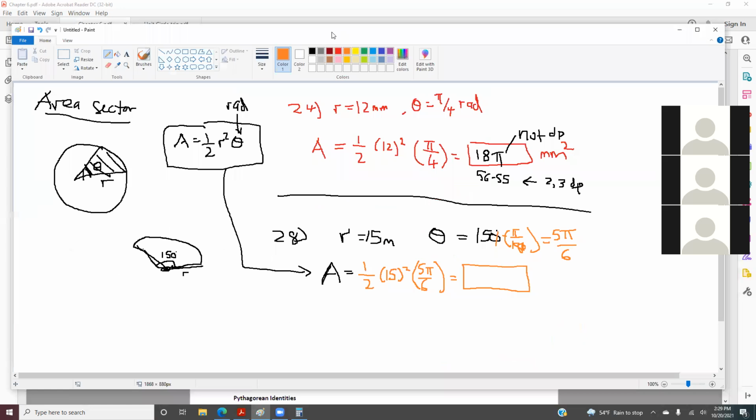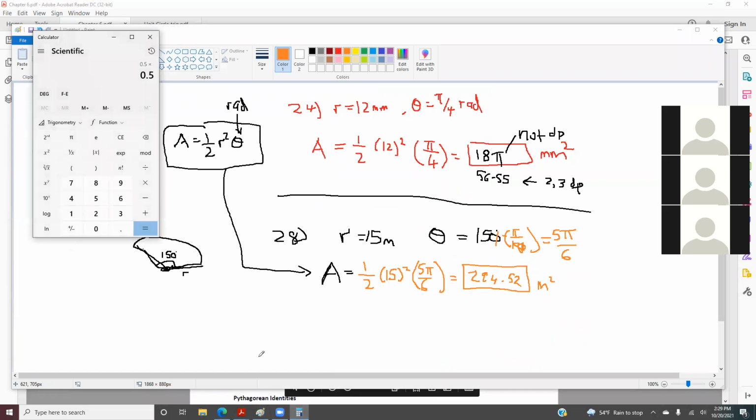Anyone got an answer here? Got 294.52. 294.52 meters squared. 0.5 times 15 times 15 times 5 over 6.